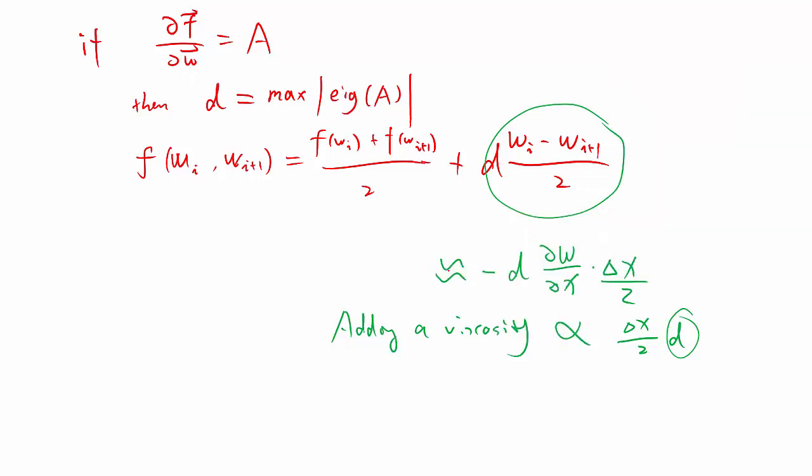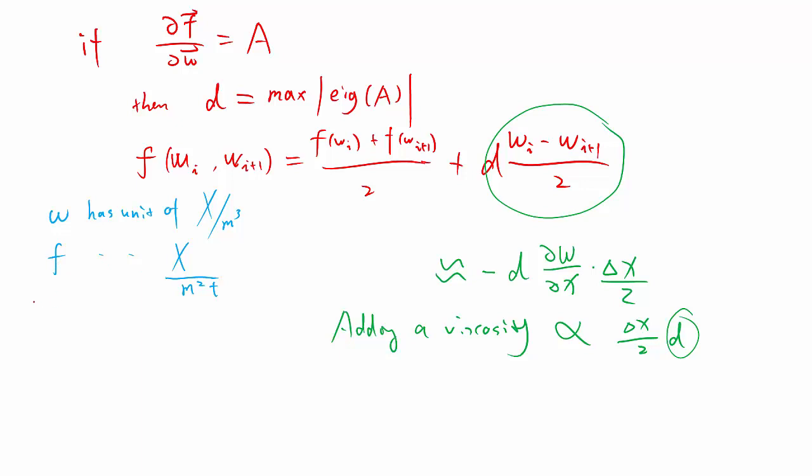So for example, if W has unit of X, let's say X per meter cubed, then F has unit of the amount of X going through a unit area per unit time, right?